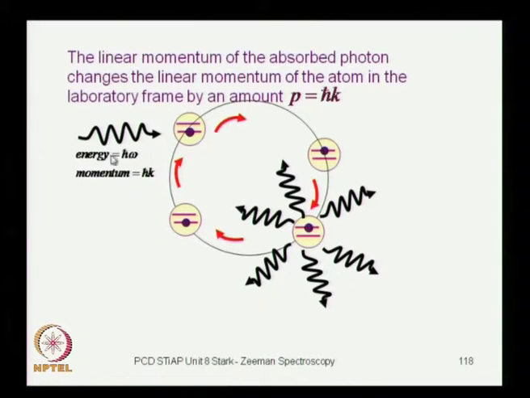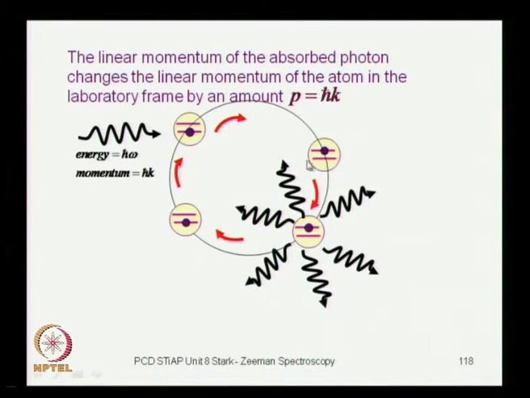The next photon raises it to an excited state, and once again it is going to emit light through spontaneous emission, but not necessarily in the earlier direction. If it lost light in one direction in one step, it might lose it in another direction the next time, or in some other direction, and when it goes through a number of such cycles, every time it is going to lose light in a different direction.